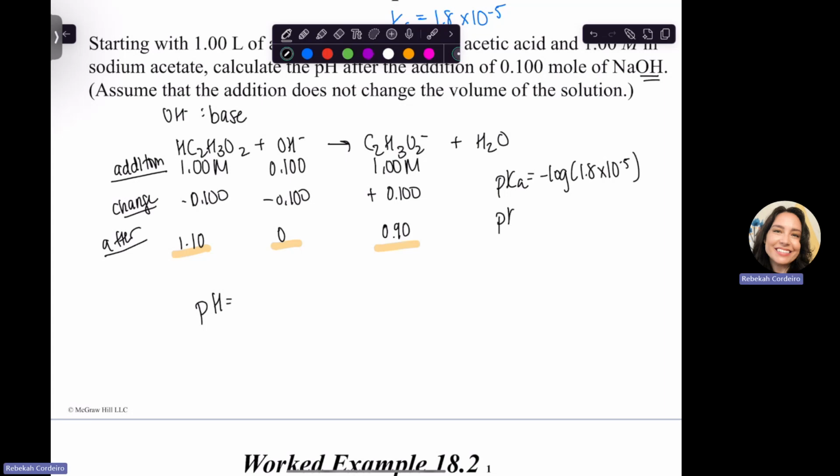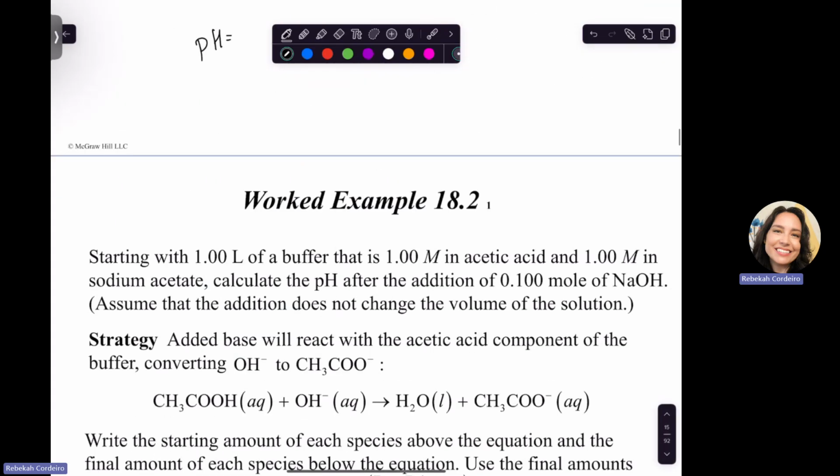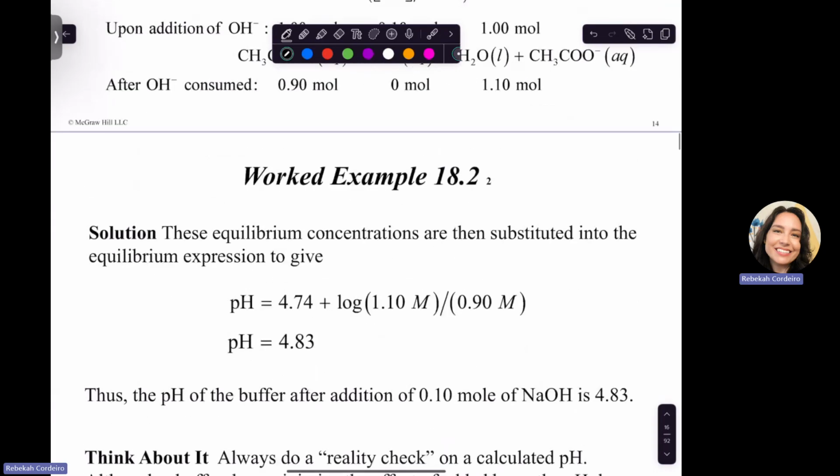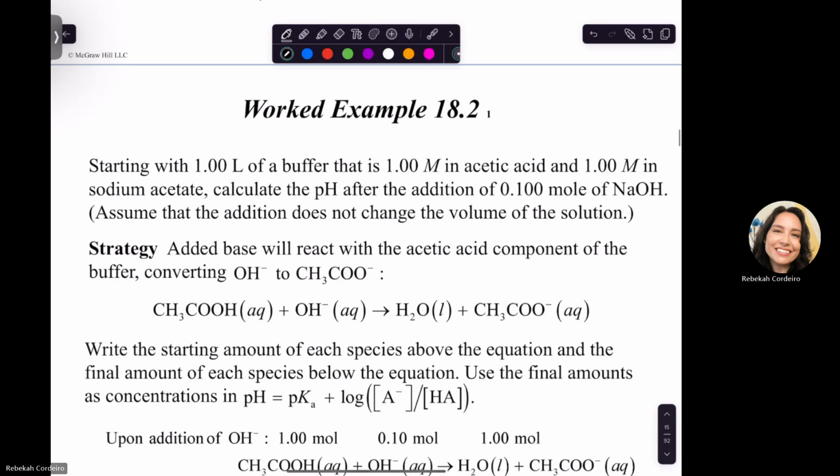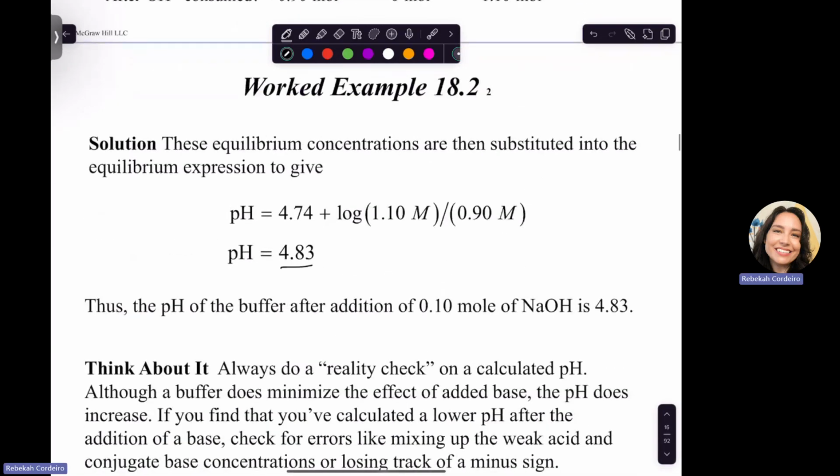So our pKa, I'm going to cheat because I don't have a calculator on me, 4.74, I should know that. So 4.74 plus the log of our base on top over our acid. And then we'll get a pH. Should get 4.83.